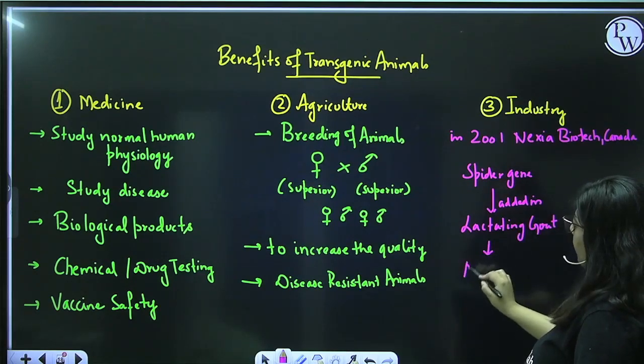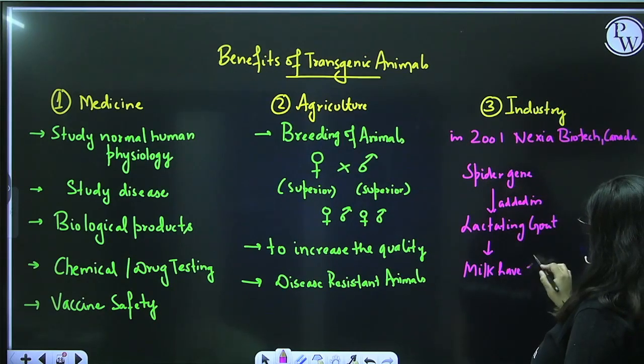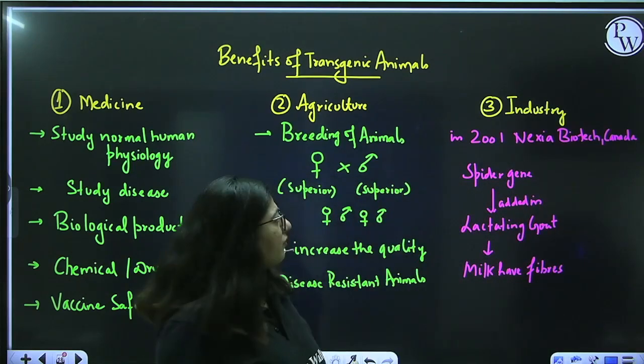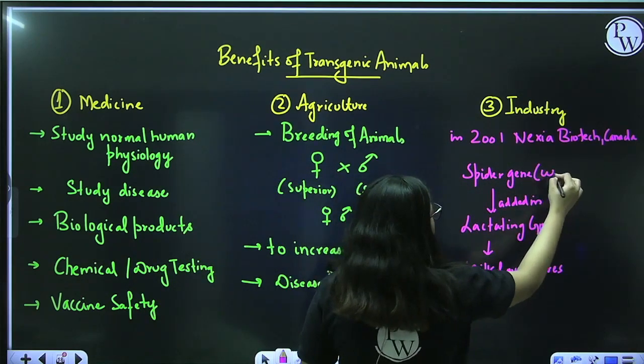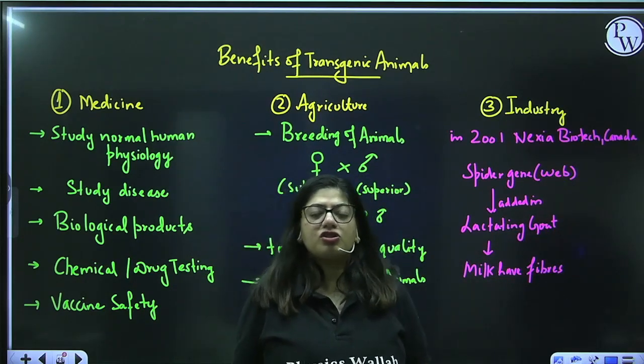Now the milk has fibers. Which fibers? The gene that we used from the spider was the web gene, and the web that a spider makes is equivalent to silk thread.